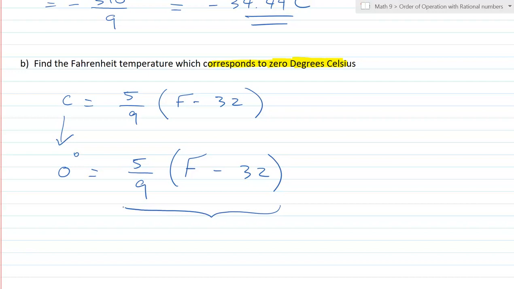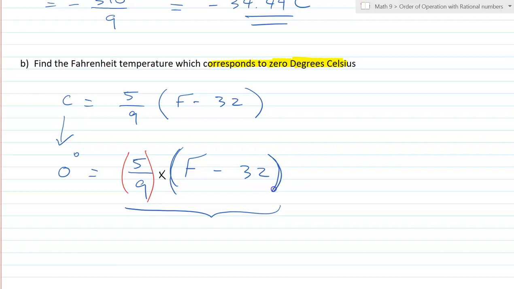Now, I am going to show you the easy way, the logical way, without going through the multiplication, and then in another section we're going to talk about the algebraic process of solving equations. In this case, notice that you have the 5 over 9, and it is being multiplied by this number right here, by this bracket.